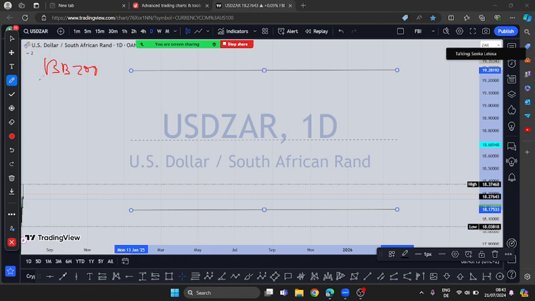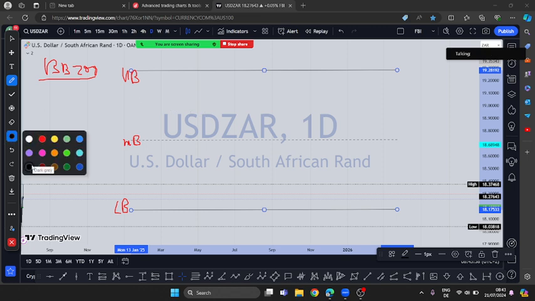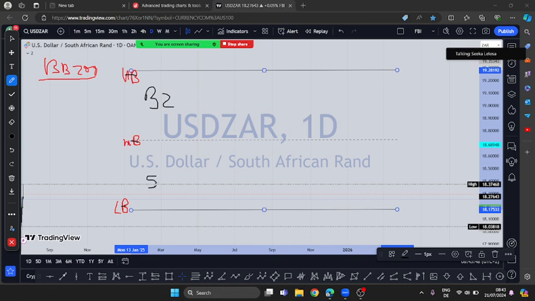So if you have Bollinger band 200 on any time frame, this middle Bollinger, let's call it MB, and then this is the upper Bollinger, and this is the lower Bollinger, right? So this is your buy zone, meaning between the middle Bollinger and the upper Bollinger you have the buy zone. Between the middle Bollinger and the lower Bollinger you have the sell zone.